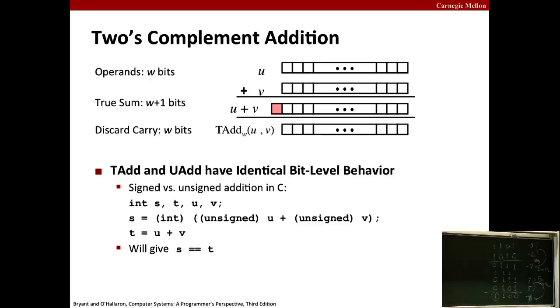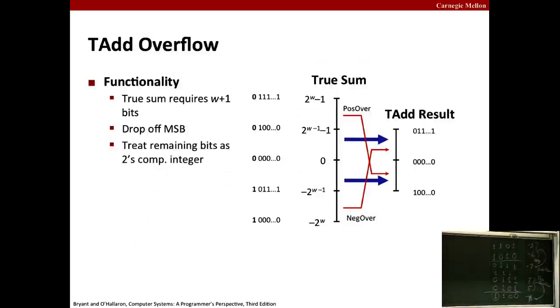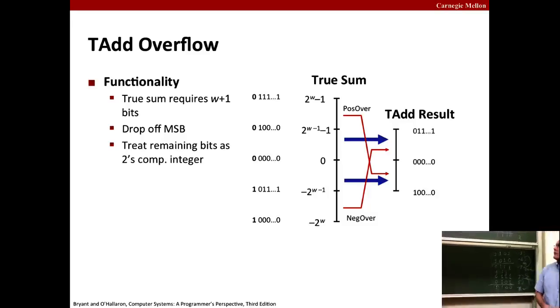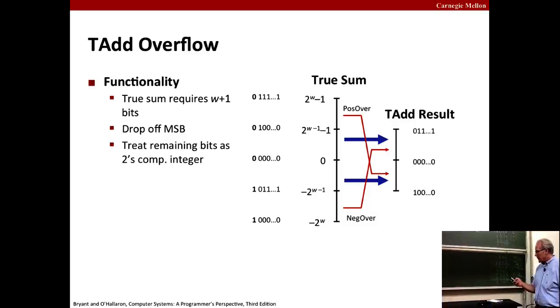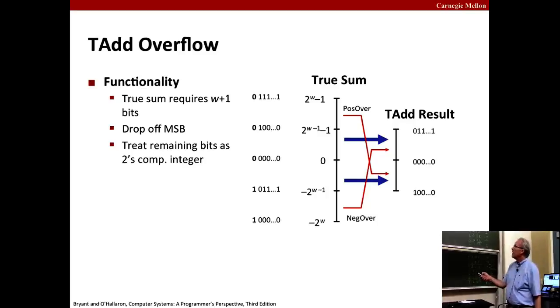And so that's the idea of 2's complement overflow. And you can see there are two different cases here. One is where the true sum, for example 12, is too big to represent, and so when we think of that as a 2's complement number, it becomes a negative number.